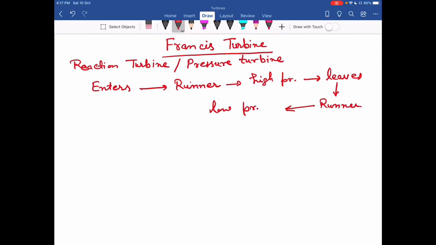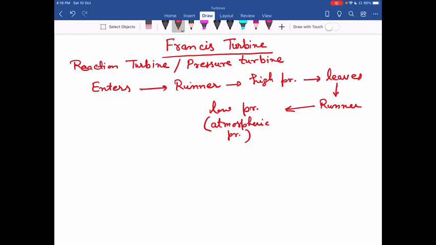So in the runner, there is a continuous decrease in the pressure from the high side to the lower side. Now at the outlet of the runner, the pressure is atmospheric.